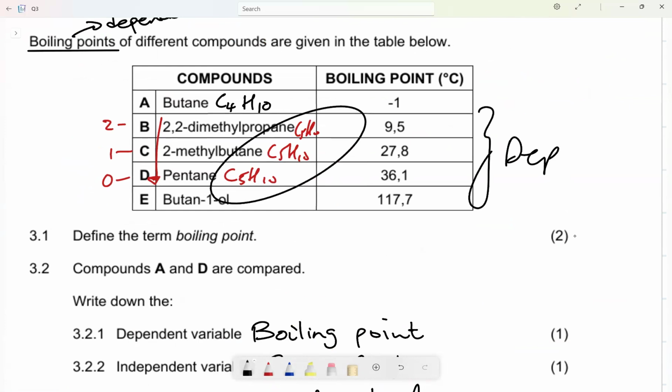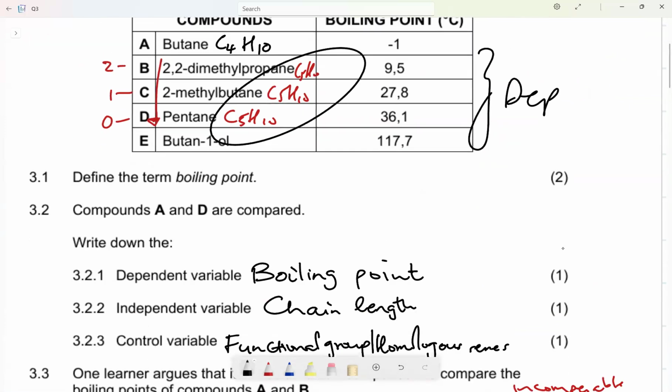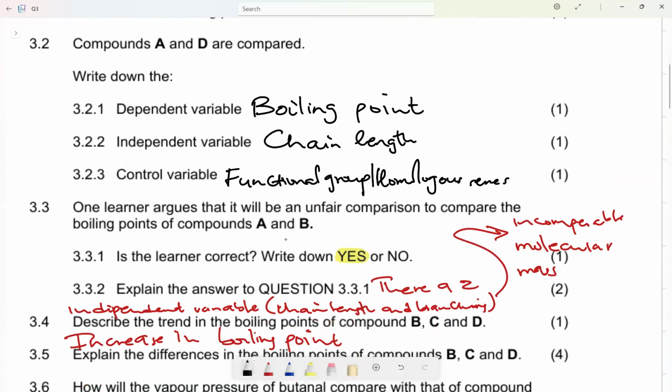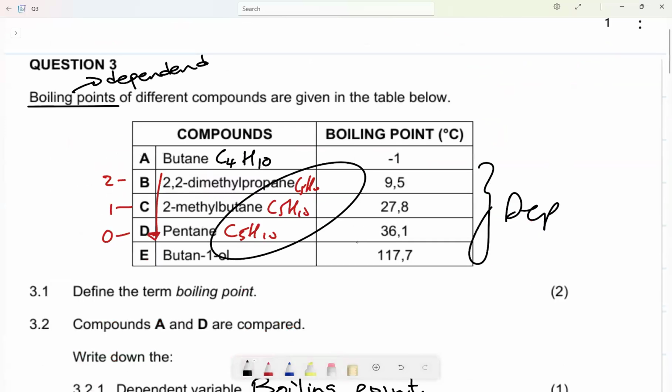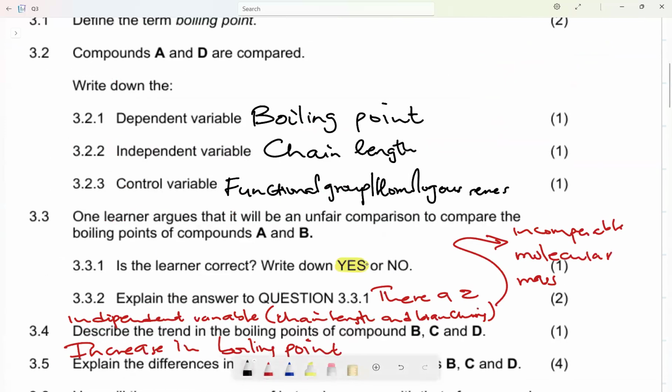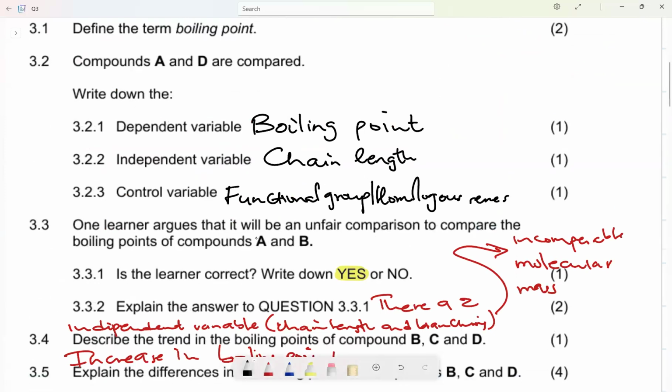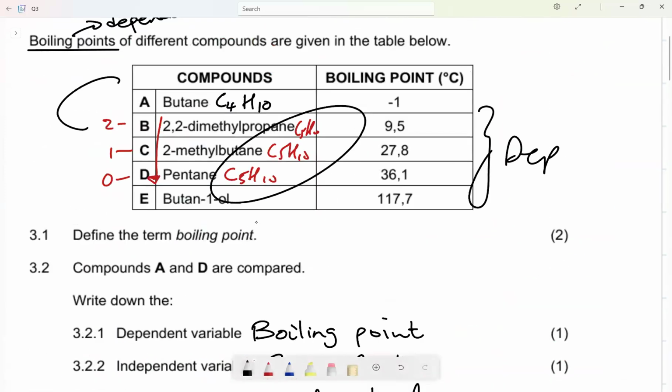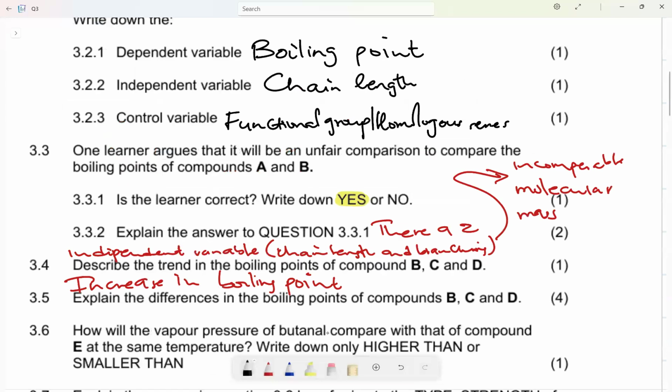The reason between A and B, we couldn't compare them, is that branching or chain length is not the same, and also molecular size is not the same. So this makes it unfair. The molecular size should be kept constant.